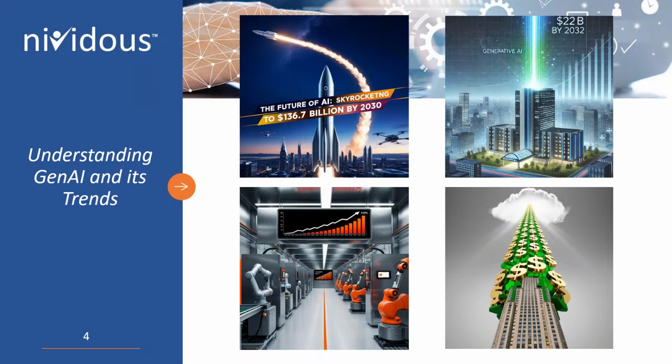And so that's big numbers and growing very quickly. If we look at that in a segmented way, within healthcare, we're looking at about 22 billion by 2032. Within manufacturing, 6.4 billion, and within banking or BFSI, about between 200 and 340 billion. So, I mean, these are all very big numbers.